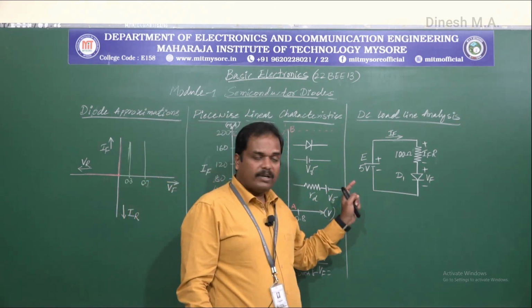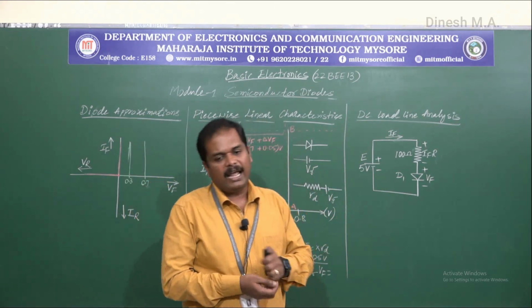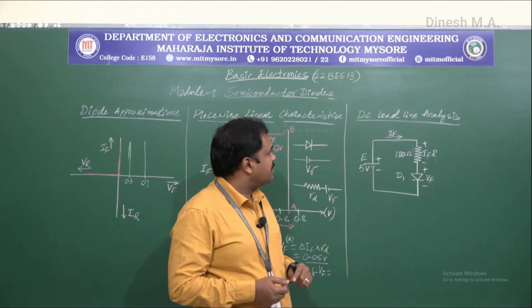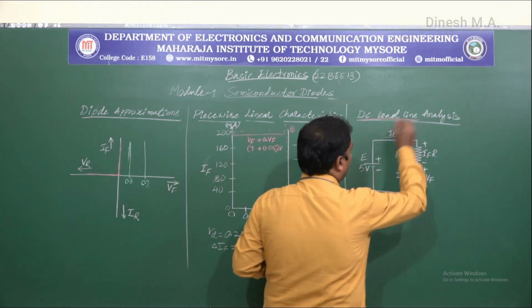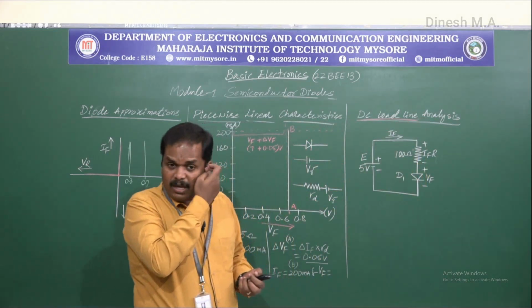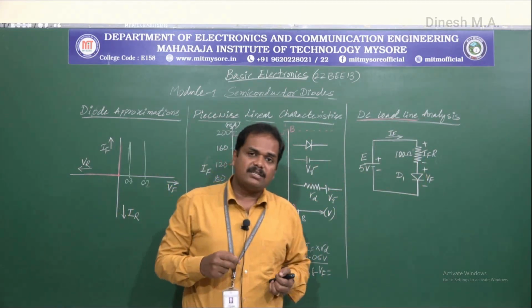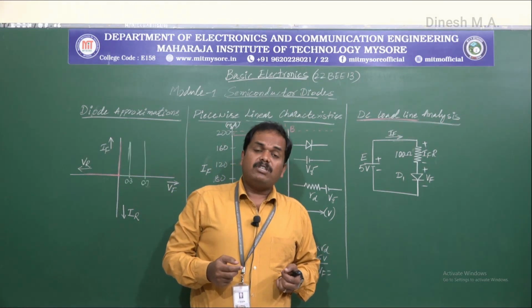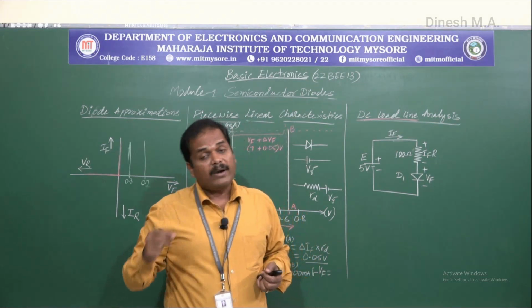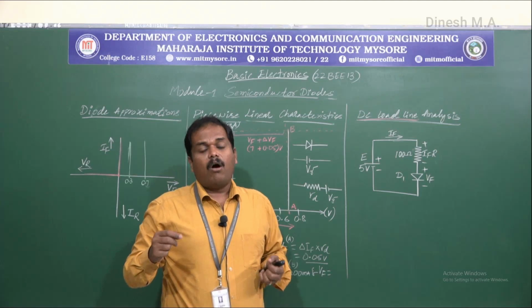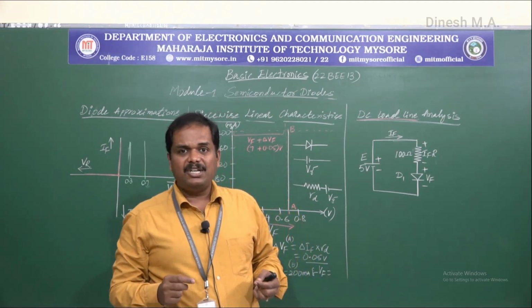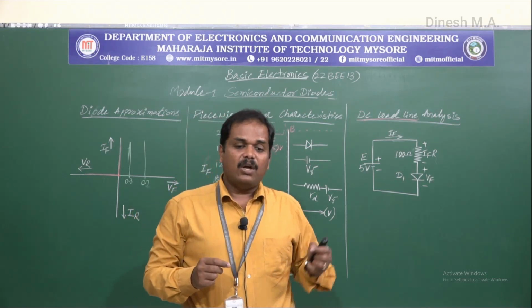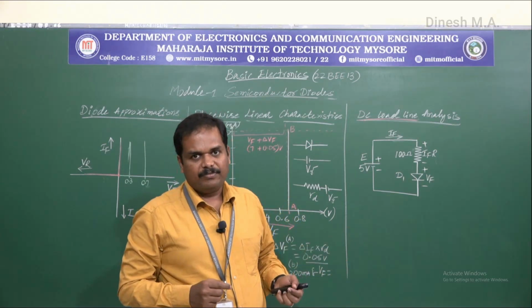Now moving on further to the DC load line analysis. So first let us understand what is DC load line. Now this DC load line is a straight line which is drawn across the forward characteristics of a diode that would illustrate all the DC conditions that exist within that circuit.